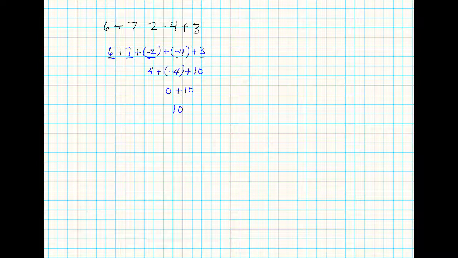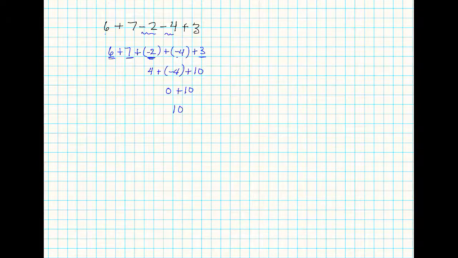Okay? So this is a little bit of a thing that I want you to be cautious of: I want you to remember that subtraction is really addition by the opposite of a number, and so you can do addition and subtraction in any order as long as you keep the negatives with the proper terms. So this is a negative 2, this is a negative 4, so I can write this in any way I want.